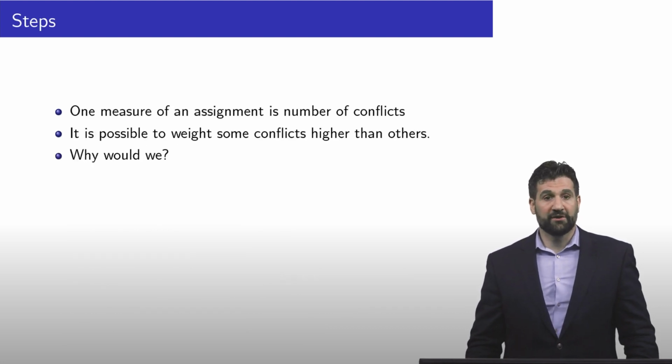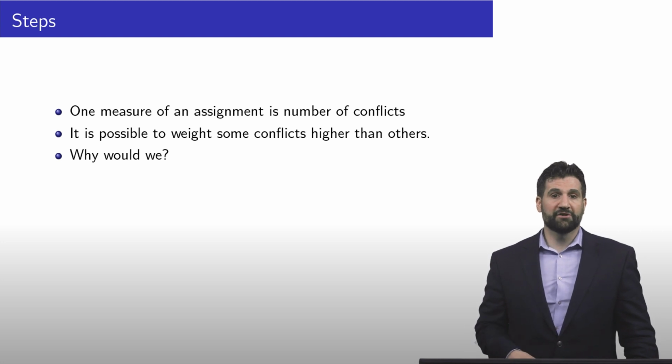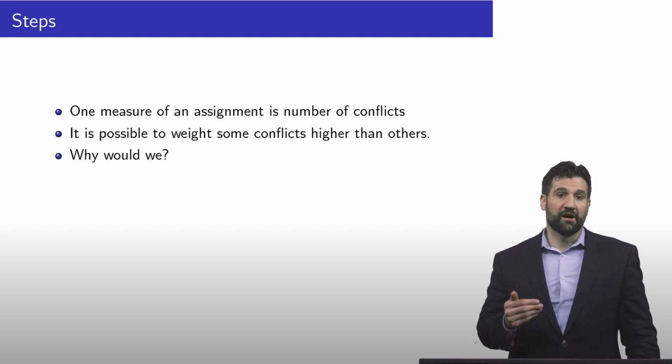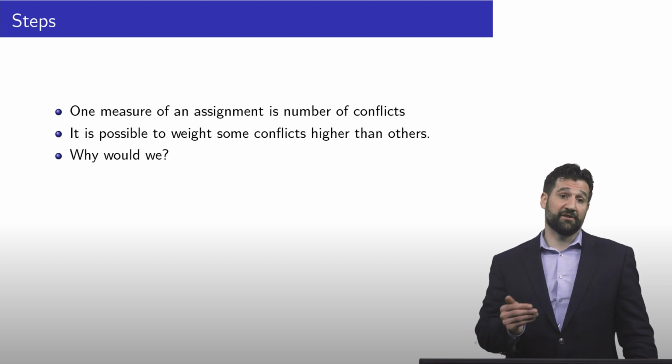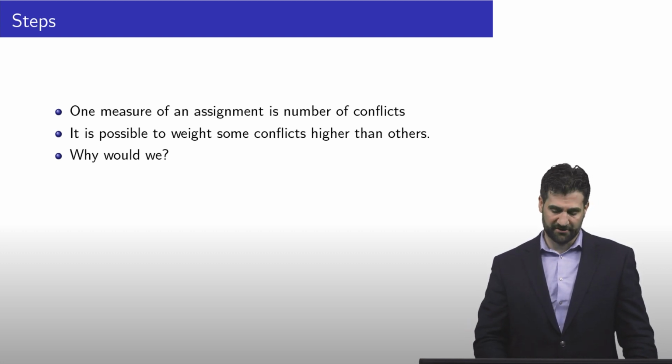So what steps are involved? One is to measure the number of conflicts for a given assignment. We may even want to weight the conflicts, some as being higher than others, especially for dealing with soft conflicts.